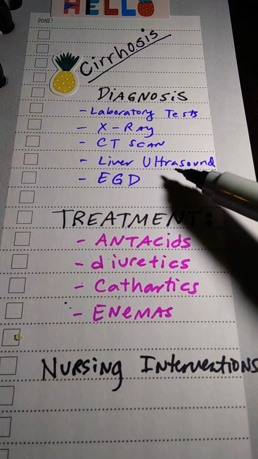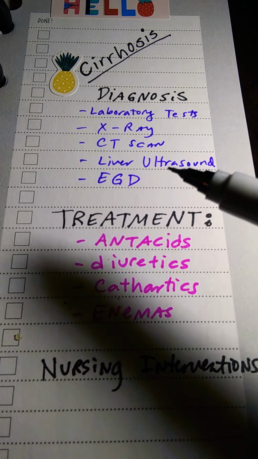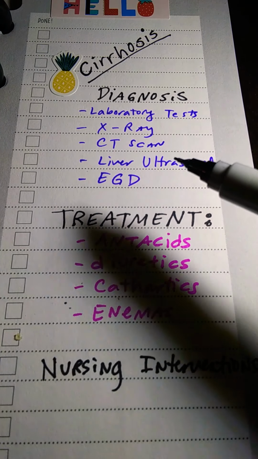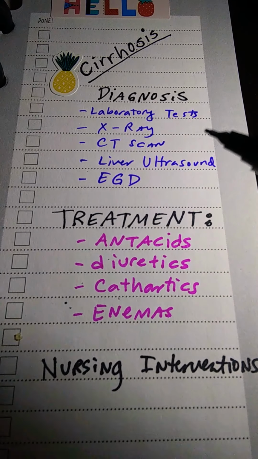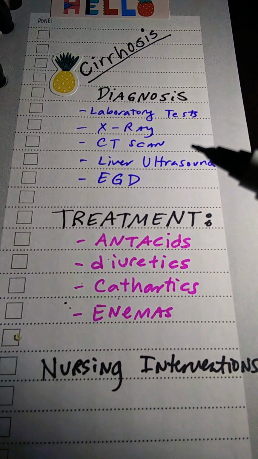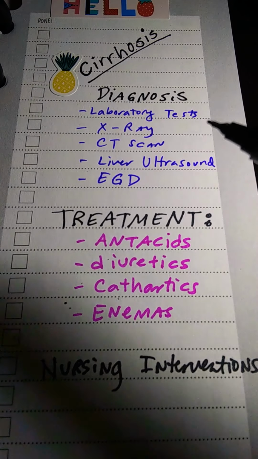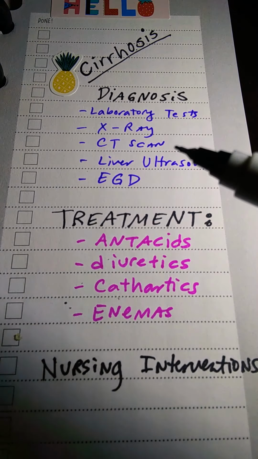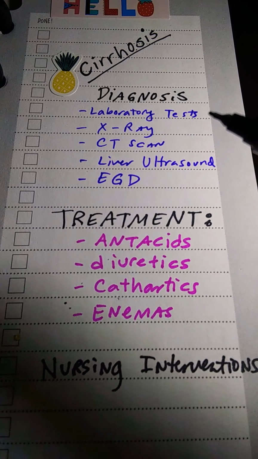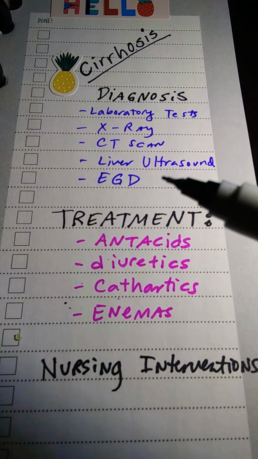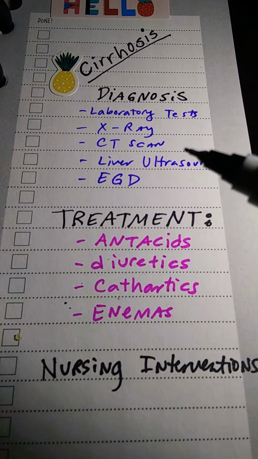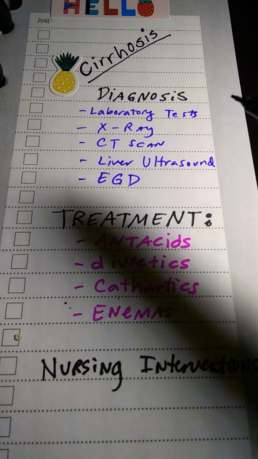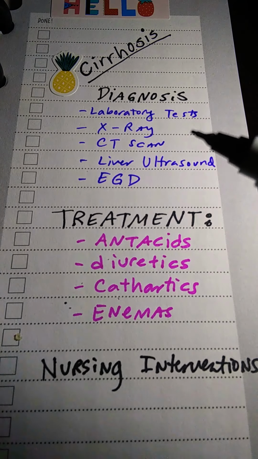Esophagogastroduodenoscopy is a procedure that examines the esophagus, the stomach, and the first portion of the duodenum, which is the small intestine, and we're going to be using a long flexible tube with a camera at the end. The scope is inserted into the mouth and is advanced towards the small intestine.